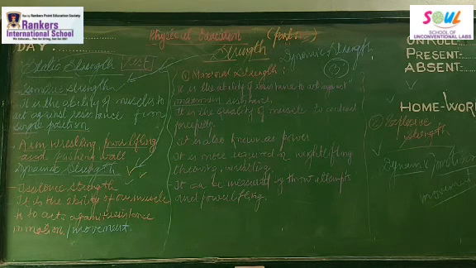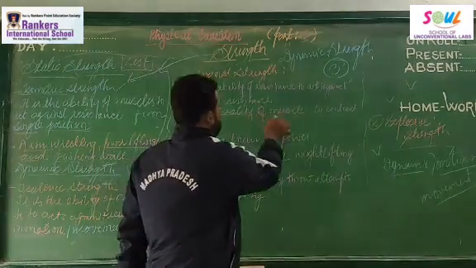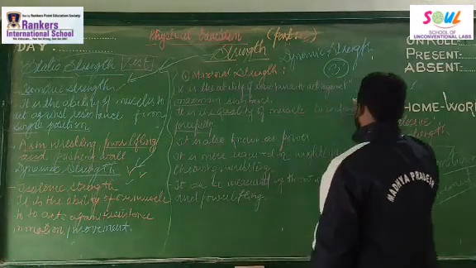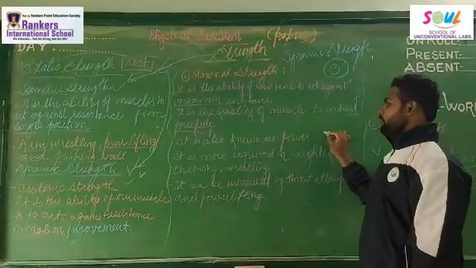So maximal strength is the ability of our muscles to act against the maximum weight or maximum resistance. It is the quality of our muscles to contract forcefully. It is also known as power.